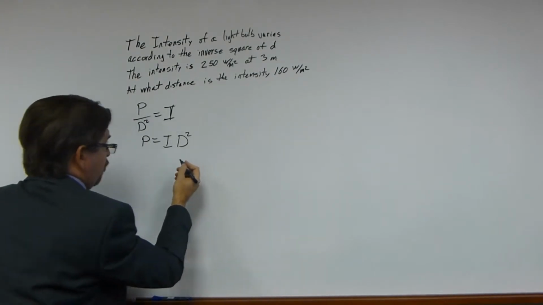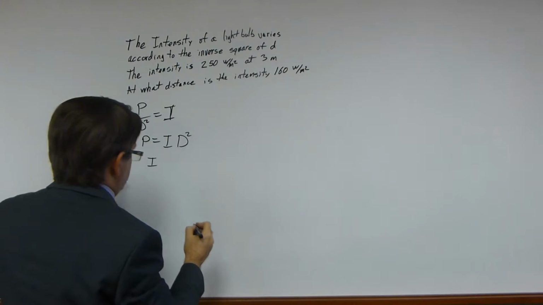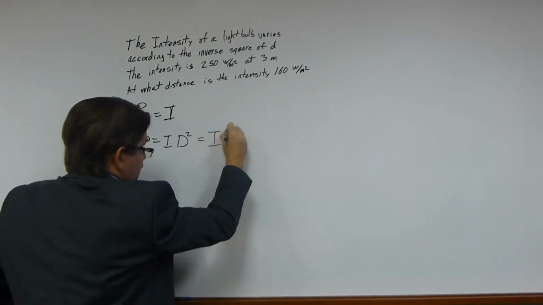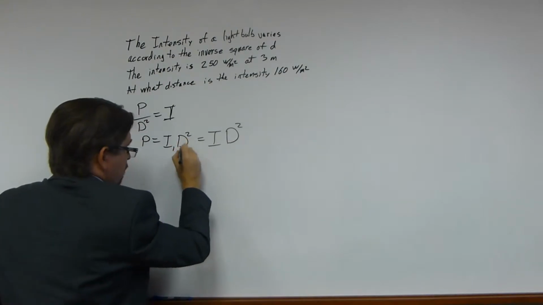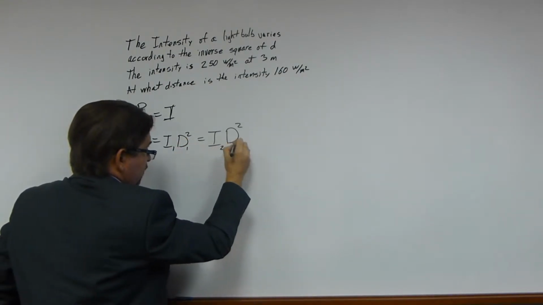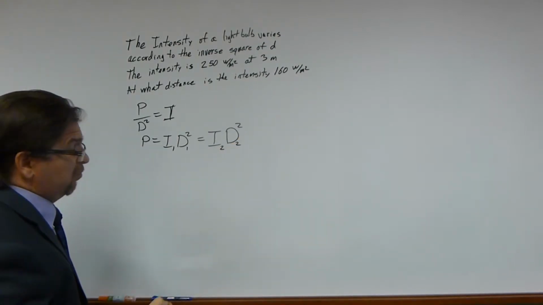But that's true for any point, so I could just write P equals I D squared: intensity 1, distance 1, intensity 2, distance 2. Makes it simple. We like it simple.